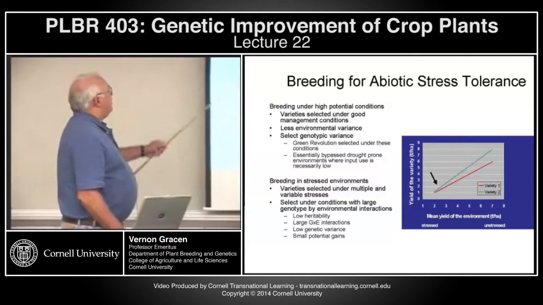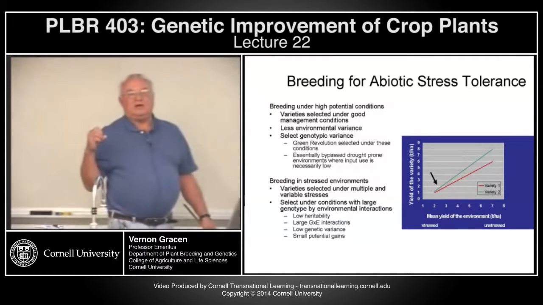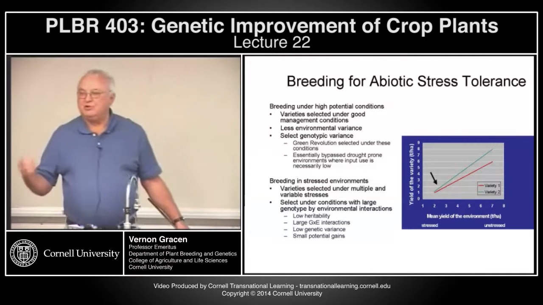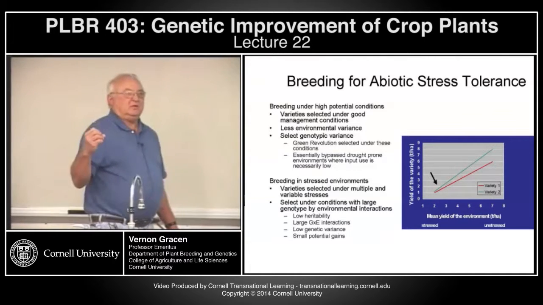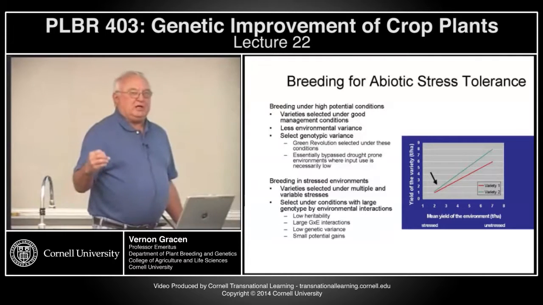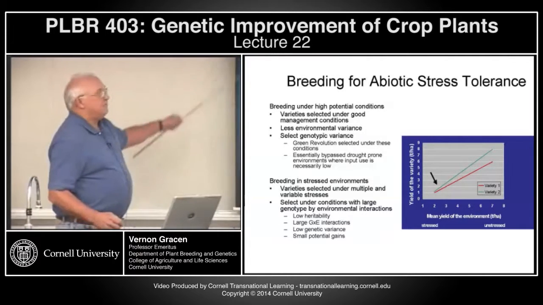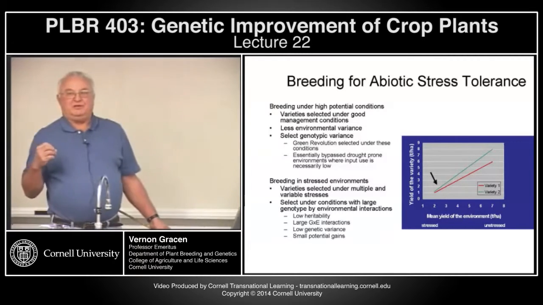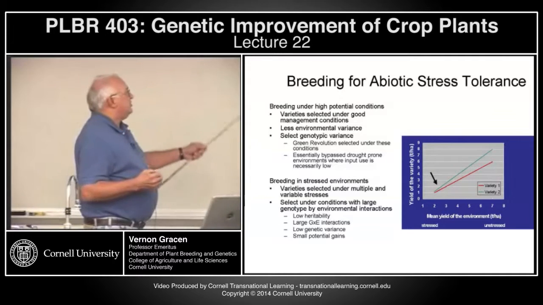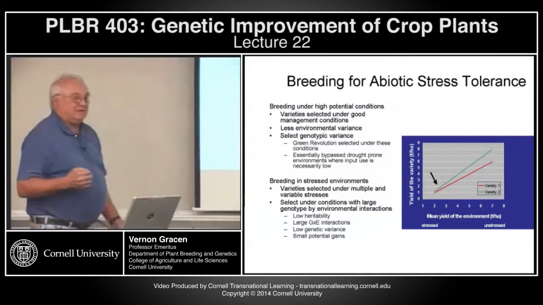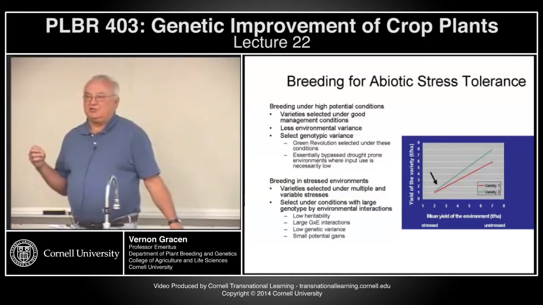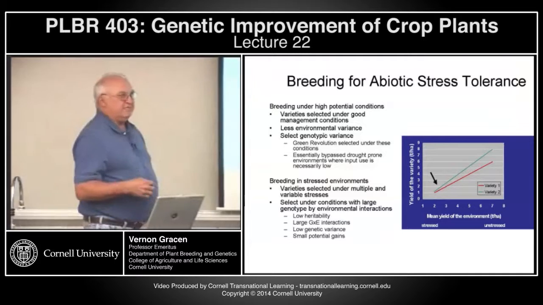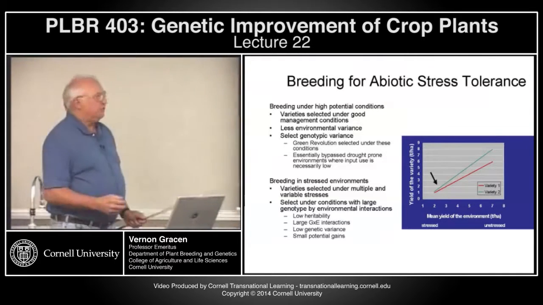So given a choice, if you're given a job and you're told, okay, you have 5 years now to develop your breeding program and produce successful varieties, trust me, you're going to do your breeding under environmentally controlled conditions as much as possible. You're going to try to tilt the odds to favor that you can make selections of true genetic importance rather than waste your time selecting environmental effects which are ephemeral, don't show up the next generation.